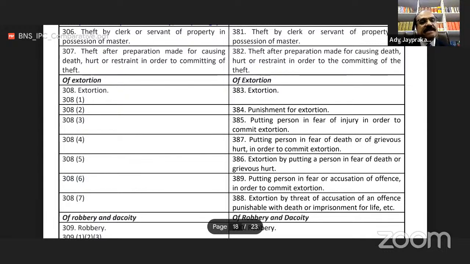BNS section 308(1), 308(2) is related to punishment for extortion. Earlier section was 384. BNS section 308(3) is related to putting a person in fear of injury in order to commit extortion.